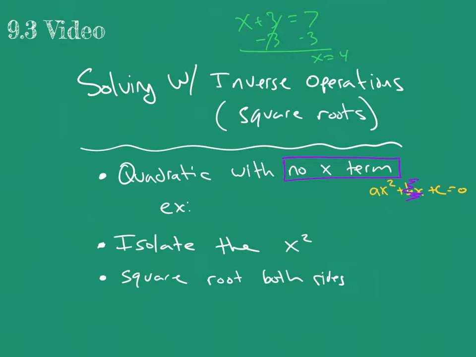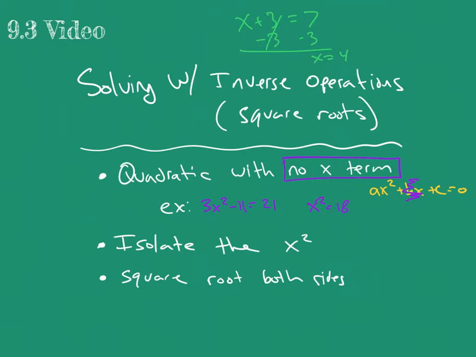It's just going to be ax squared plus c. So a couple examples would be something like 3x squared minus 11 equals 21, or it could be as simple as x squared equals 18. Notice there's an x squared term, but no x term.